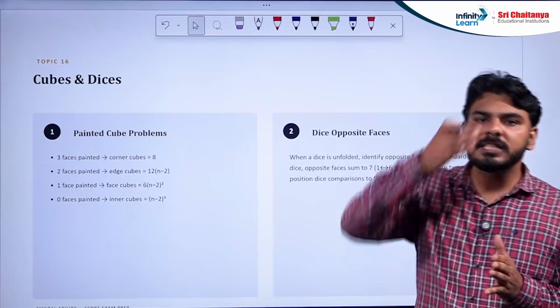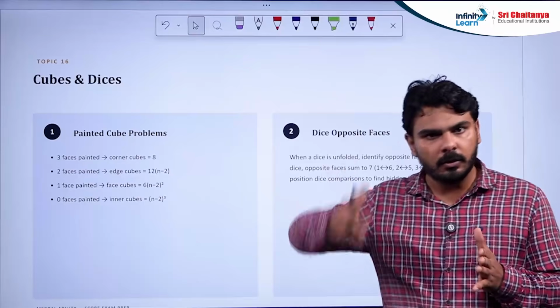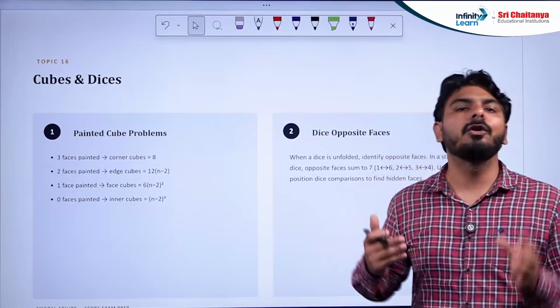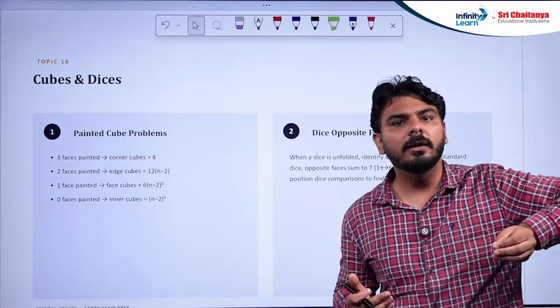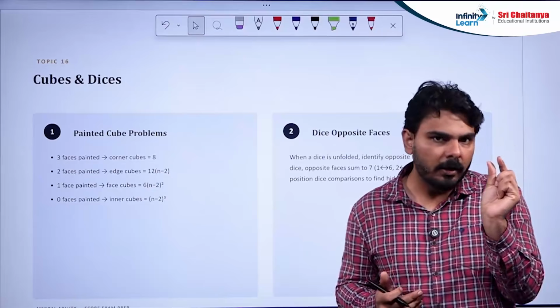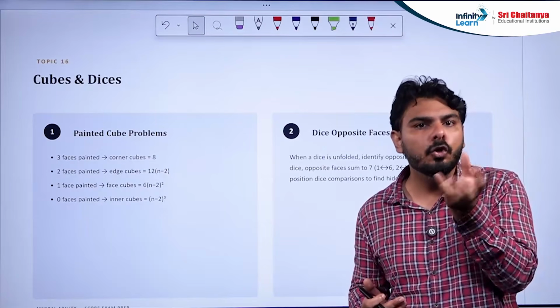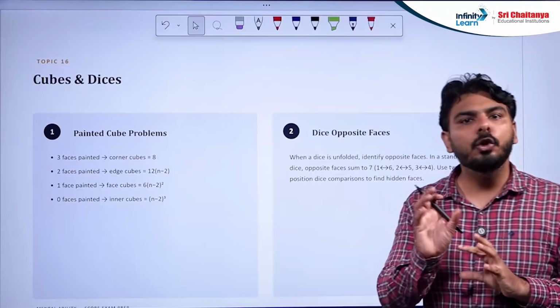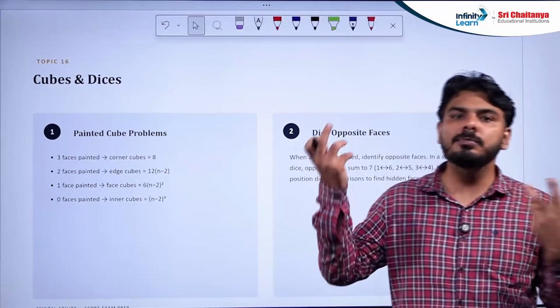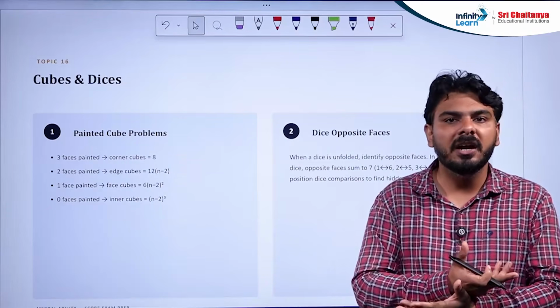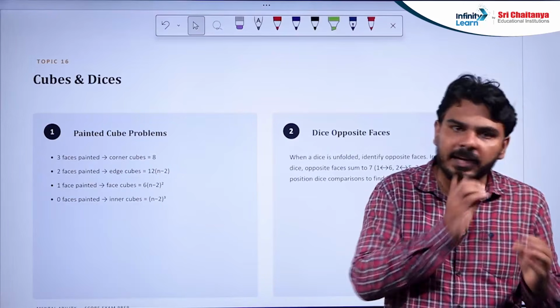You have to cut it into any number of parts, and find how many cubes are two-face painted, how many are three-face painted, how many are zero-face painted, or any concept it can touch.